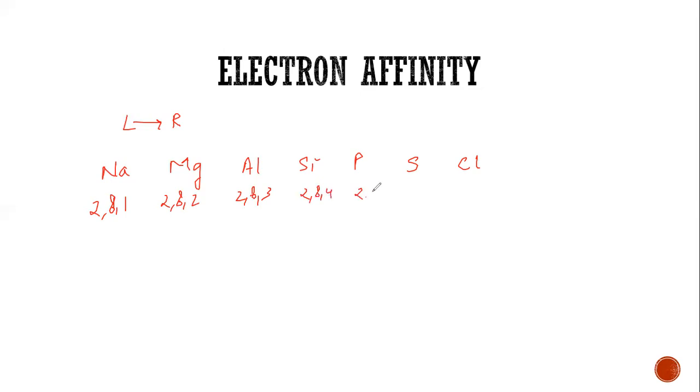Now let's see the trends in the electron gain enthalpy. First of all, we will see when we are moving left to right: sodium, magnesium, aluminium, silicon, phosphorus, sulfur, chlorine, and now we have a noble gas. Here you can see the configurations are 2, 8, 1; 2, 8, 2; 2, 8, 3; 2, 8, 4; 2, 8, 5; 2, 8, 6 and 2, 8, 7.